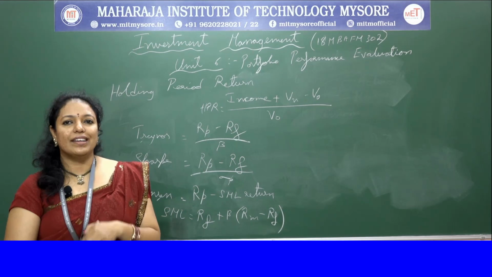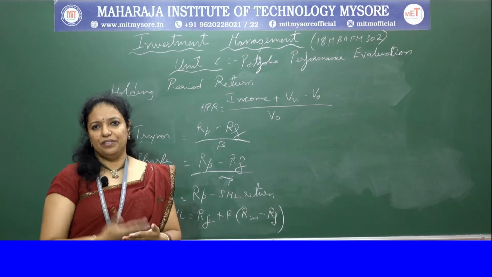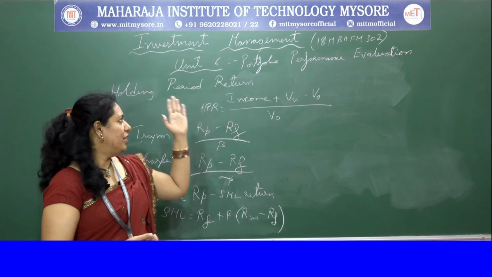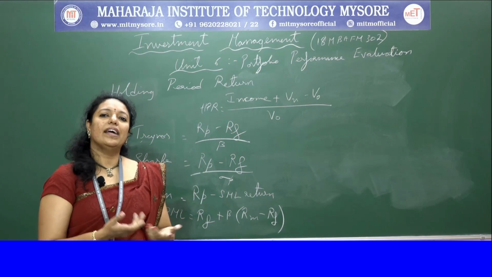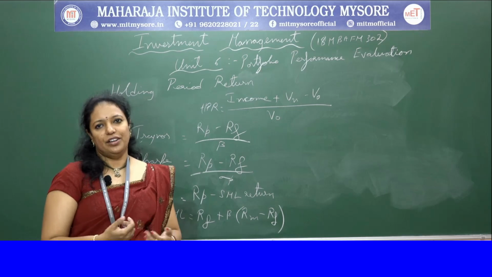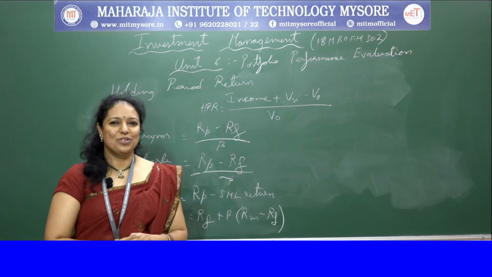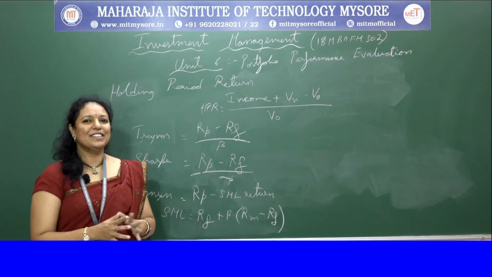We covered 3 different topics today. One is portfolio performance evaluation, where we did these different measures. Another is portfolio management strategies, and portfolio revision and its strategies. Hope the concepts are clear to you.